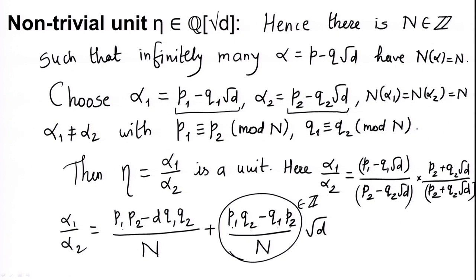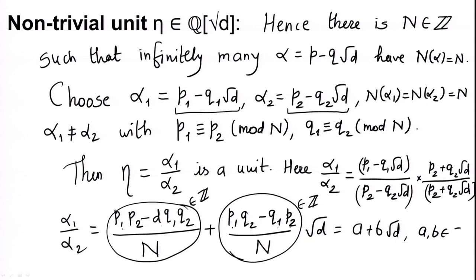Similarly, p1 p2 minus d q1 q2 modulo N is same as p1 square minus d q1 square, but p1 square minus d q1 square is the norm of alpha 1, which is N. Therefore, the numerator is equal to 0 modulo N. So, it is divisible by N. So, we have that this member is also in Z. Therefore, we have that this has the form a plus b root d, where a and b are integers and norm of this eta is 1.